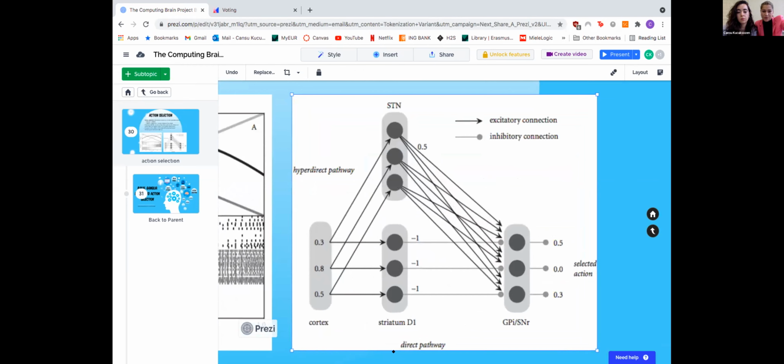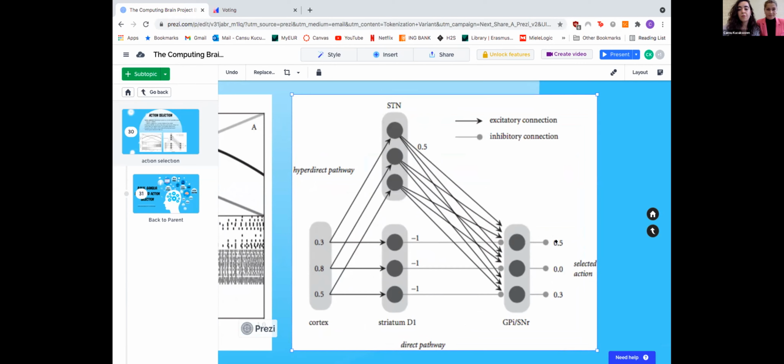Here on the left side, we see the utilities, the 0.3 and that kind of stuff, and via the direct pathway and hyperdirect pathway, you see that one action is being selected, and that's the 0. And the one with the lowest value is being selected because of the inhibitory connection to thalamus.